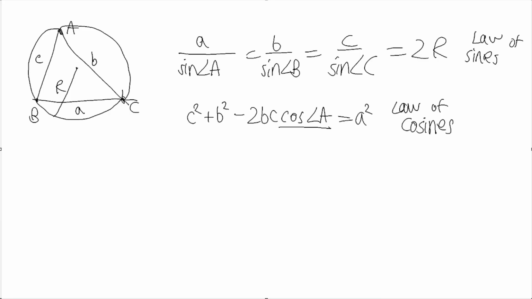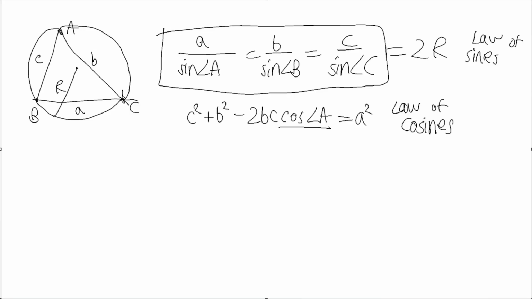And for the law of sines, we don't really use this 2R part, but we highly make use of this: a over sine angle A equals b over sine angle B equals c over sine angle C. And because these are equal, we can solve for all of the sines in terms of other lengths. And we're going to be using this a lot inside our Olympiad problems.